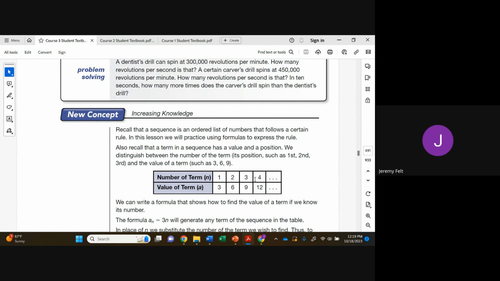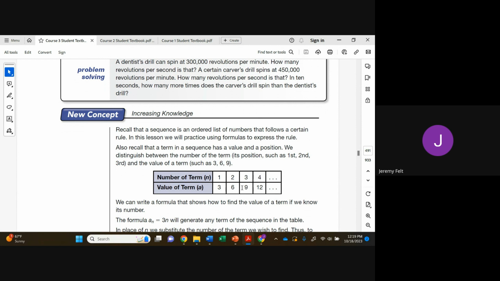So if we have an n, a number of the term, plug it in, and we'll get a value. So that's where it's nice versus, for this example, 3, 6, 9, 12. Okay, well, it looks pretty obvious that we're going up by 3 each time. So the number of the sequence times 3. So 1, 2, 3, 4. If I asked for what's the 50th term, we can go 3, 6, 9, 12, 15.